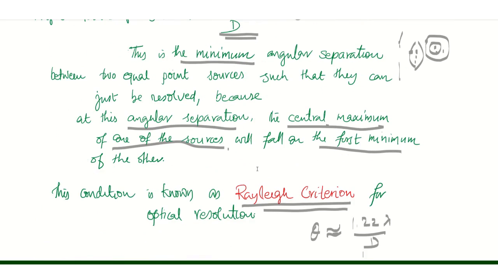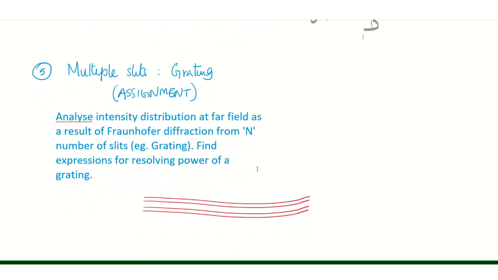Okay, now there is one more topic left on Fraunhofer diffraction. That's multiple slits. That is an extension of single slit, then double slit, then you have n number of slits.